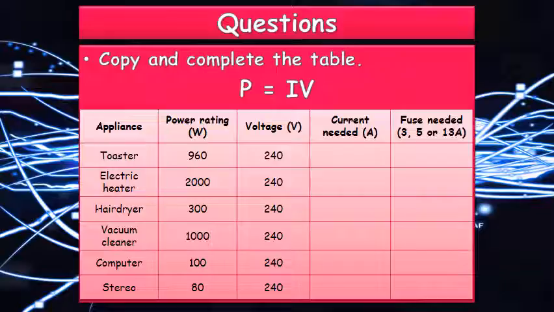I've given you a series of appliances, an equation, and the power rating and the voltage. You need to work out the current needed for the particular appliance, and also the fuse needed. The fuse basically blows when the current gets too large, so you need a fuse which is slightly larger than the current needed. That's for you to do in your own time.